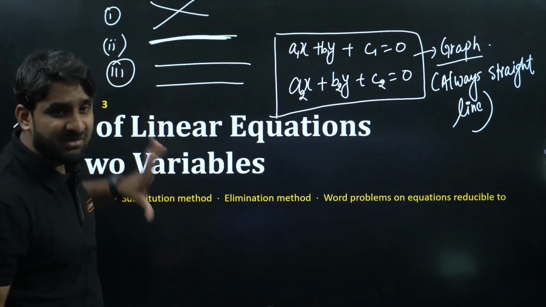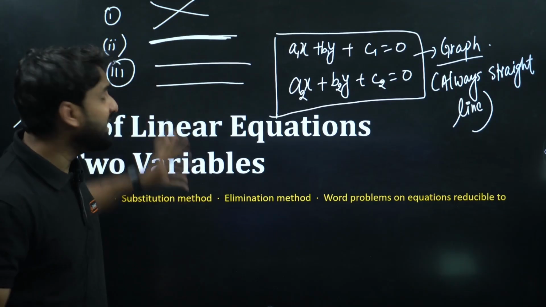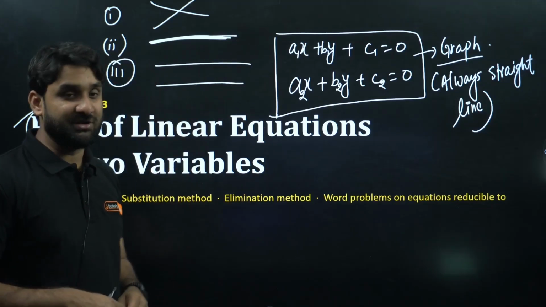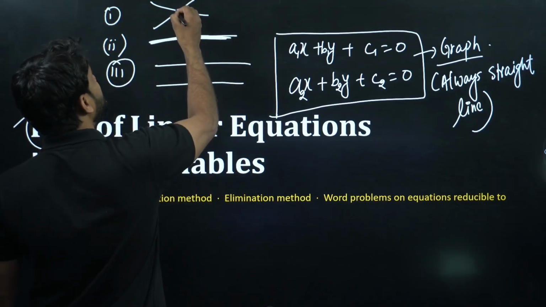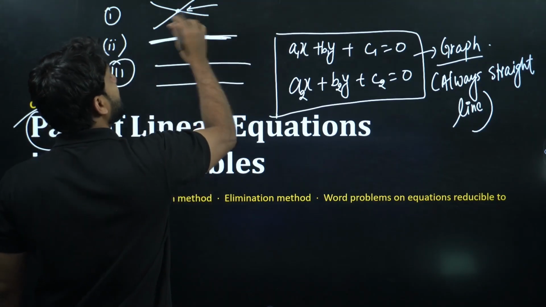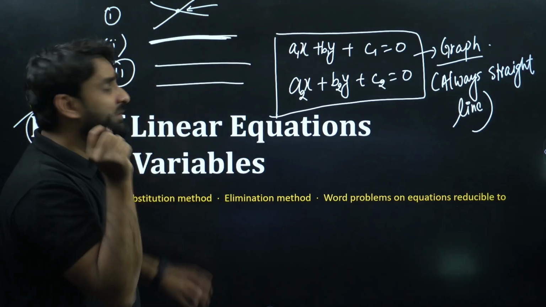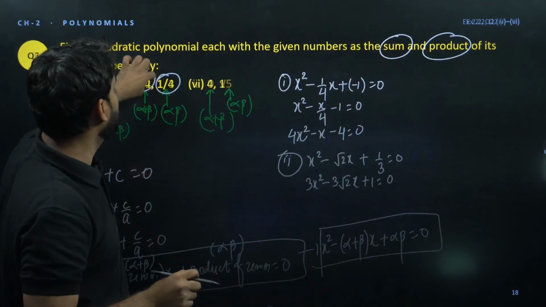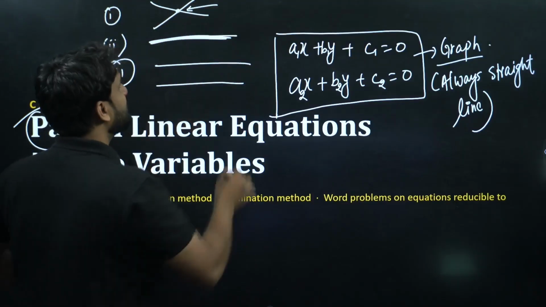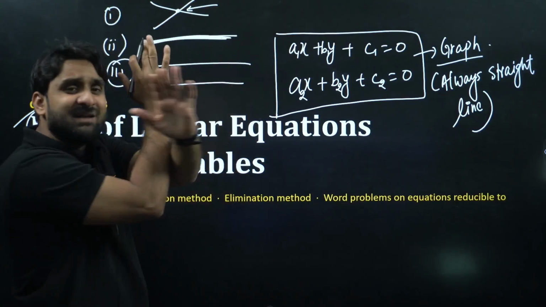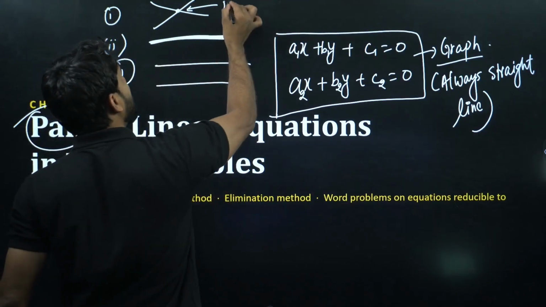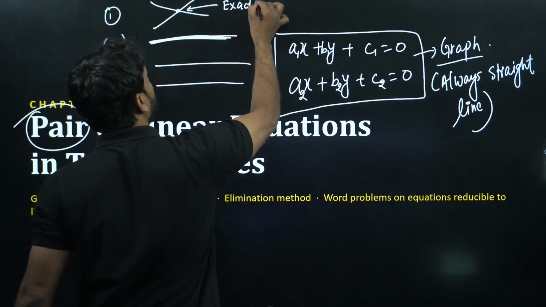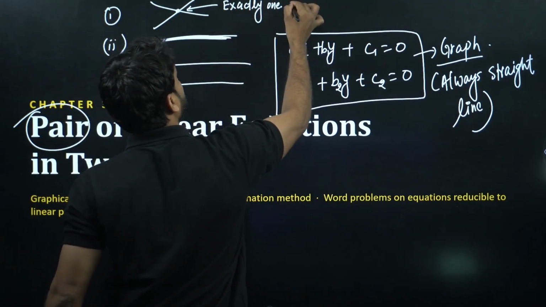Sometimes they may be intersecting each other, they may be coinciding, and they may be parallel to each other. If they are intersecting, it indicates that there will be exactly one solution, the value of x and y which satisfies this line and also satisfies that line. So when the lines are intersecting each other, there will be exactly one solution.